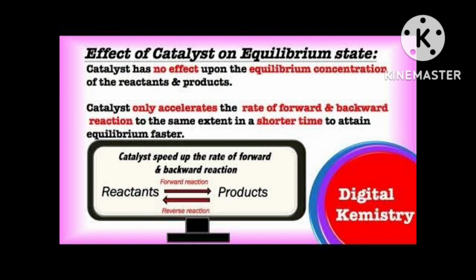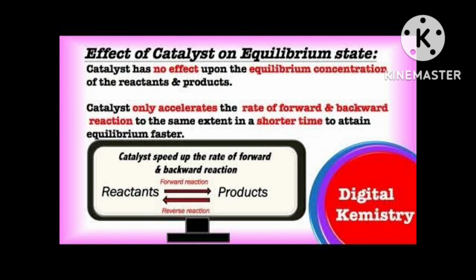Hence, it can't disturb the equilibrium. A catalyst does not affect the equilibrium composition of a reaction mixture. It does not appear in the balanced chemical equation or in the equilibrium constant expression.